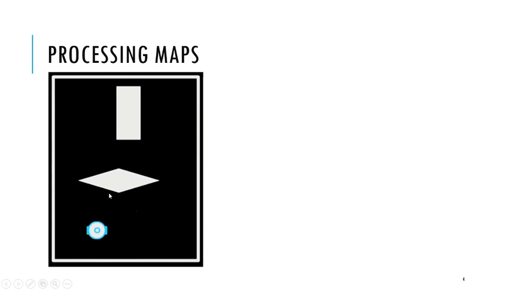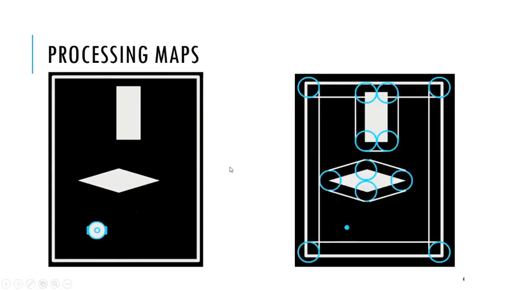So one way to avoid it is to pre-process your map to do what's called map inflation. In order to reduce a robot to a point, what you need to do is inflate your obstacles by the size of the robot. So like this. You increase the size of the walls and everything by the size of the robot, and you consider each obstacle as the hull, resulting in a new polygon, right?